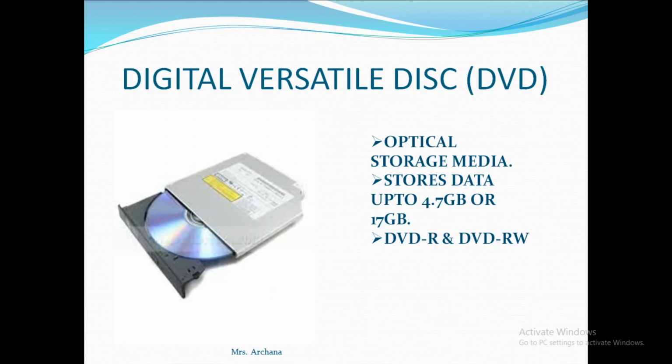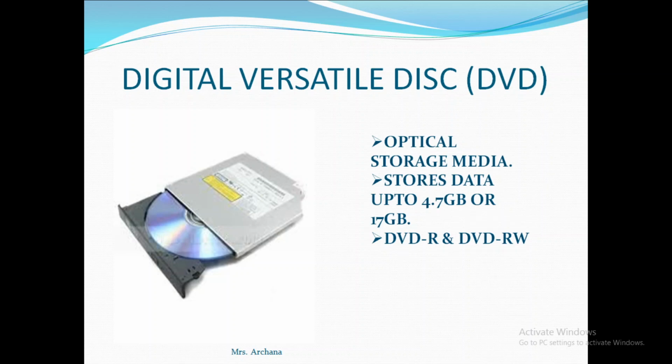What is this? This is a DVD, that is digital versatile disc. It also looks like a CD. The shape of the DVD is also round or circular. It can store data up to 4.7 GB to 17 GB. That means the capacity of a DVD to store data is 7 times more than a CD.